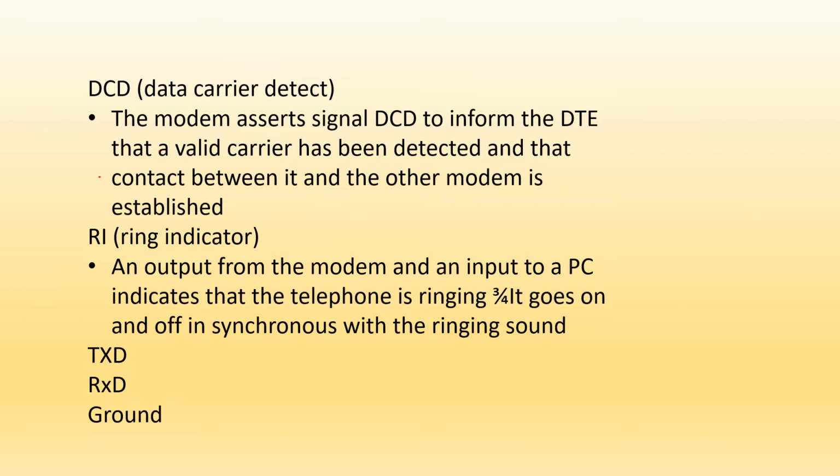The next is DCD, data carrier detect. The modem activates the DCD signal to inform the DTE, that is the PC, that a valid carrier has been detected and contact is established between it and the other modem. This is an output signal from the modem to the data terminal equipment.